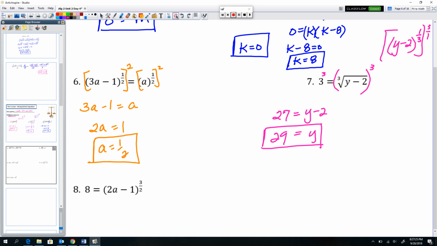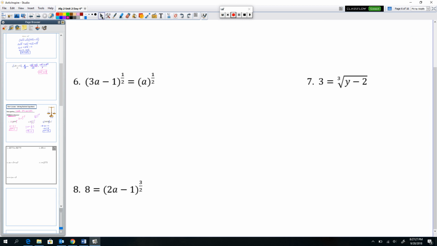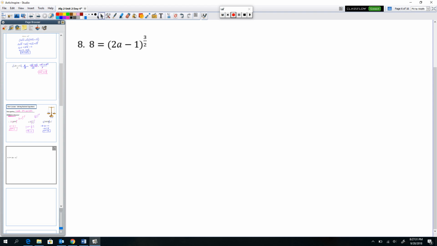All right, let's work on this last one here before you try the practice on your own. A little bit of a more difficult problem here. I have this stuff being brought to the 3/2 power. How do you think you counteract the 3/2 power? You can't just counteract it by bringing it to the 2 power.